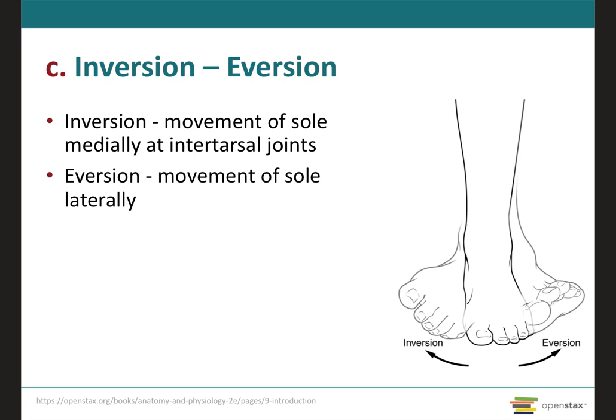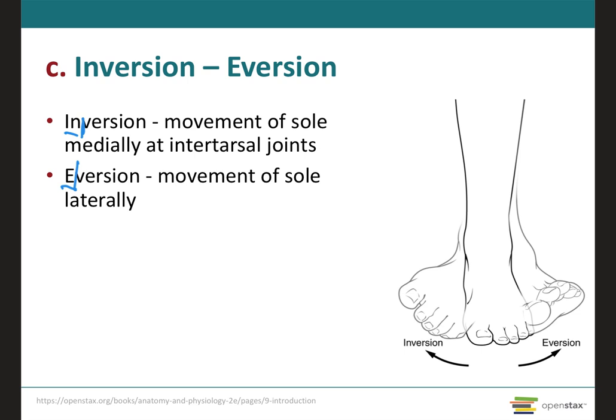Next, we have what we call inversion and eversion. Inversion means to bring inward, so I for inward, and eversion means to turn it outward, or E for exit, to the outside. These two movements are actually very complex because they will involve multiple plane joints among the tarsal bones of the posterior part of the foot.